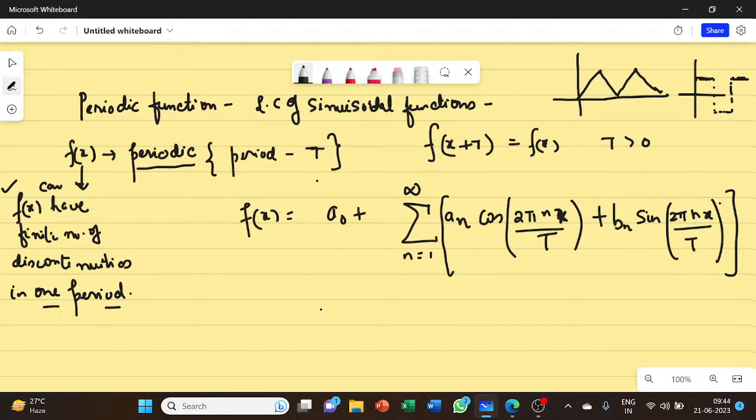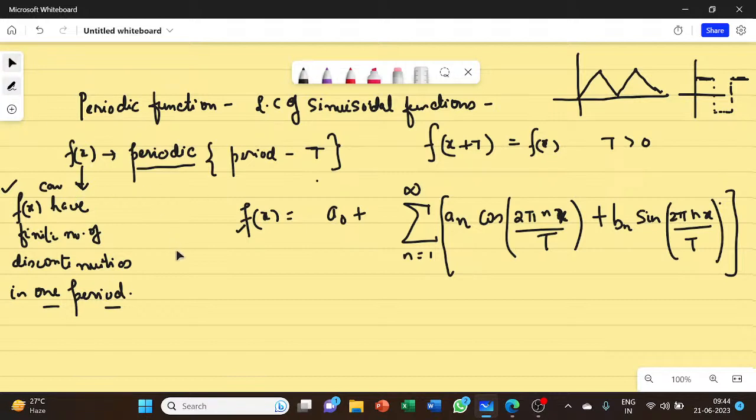Here the function f(x) is periodic, point number 1, and the function can have at most a finite number of discontinuities in one period. So such functions can be written in the form of a Fourier series representation.